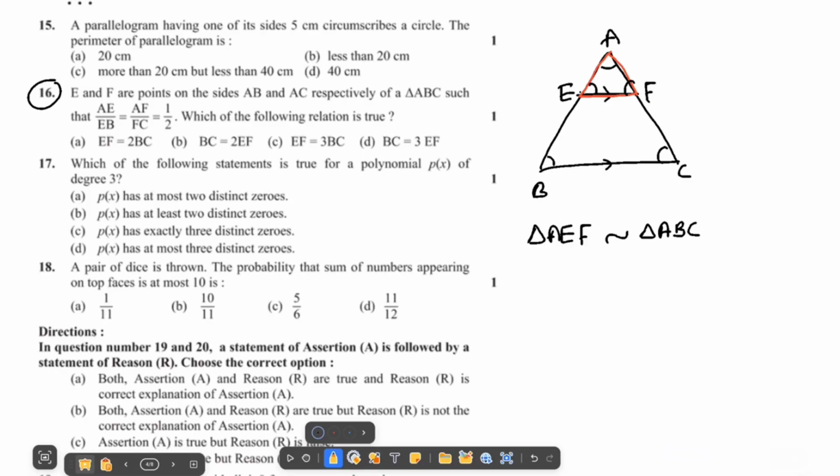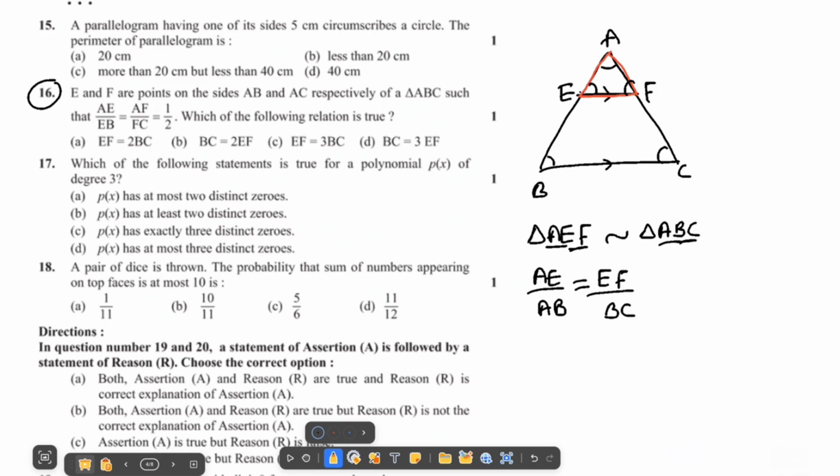You know that when the triangles are similar, the corresponding sides are proportional. Sorry, AE by AB is equal to EF by BC. EF and BC are corresponding sides.